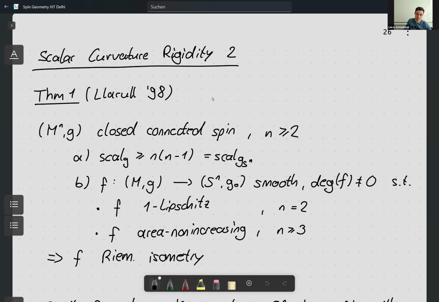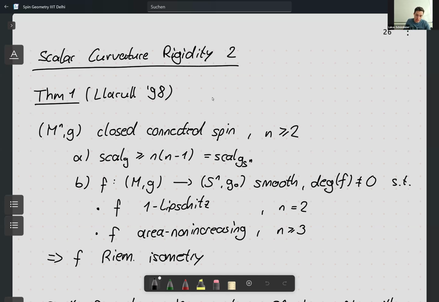And then in dimension 2, we need that it's 1-Lipschitz, which means that the length does not increase. So if you look at distances between 2 points, then in the image the distance has to get smaller, not bigger.